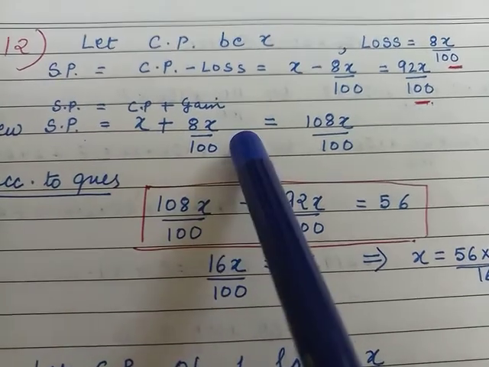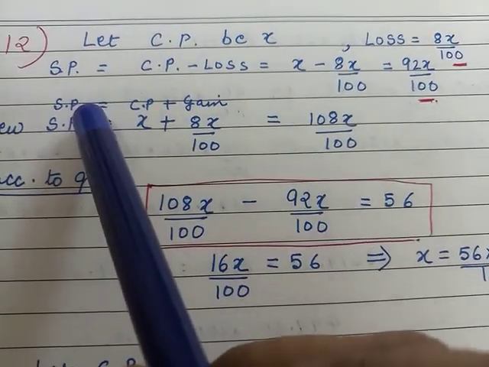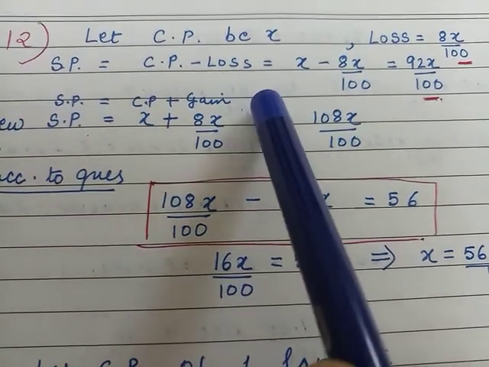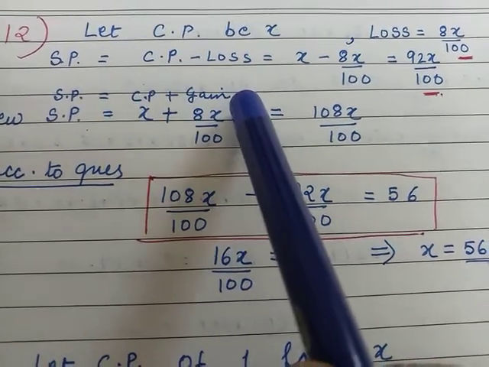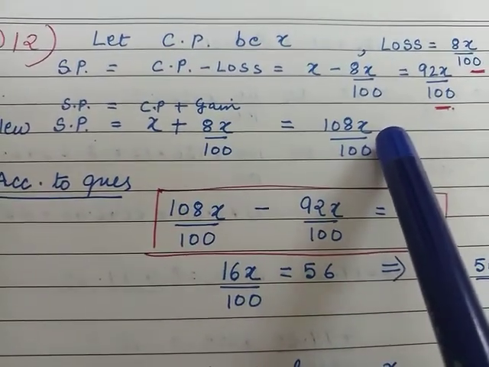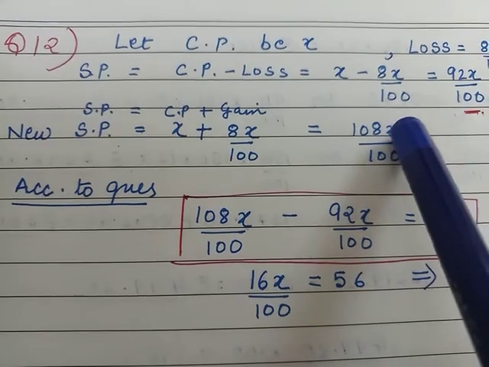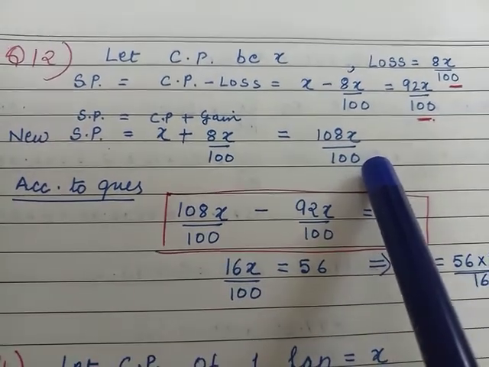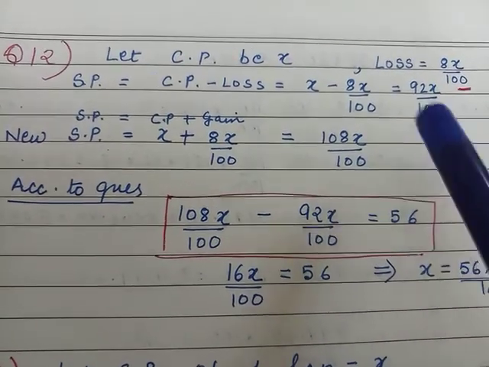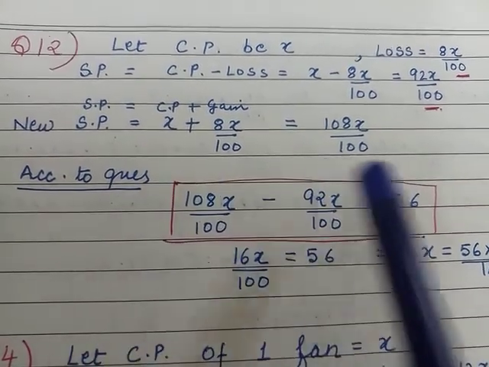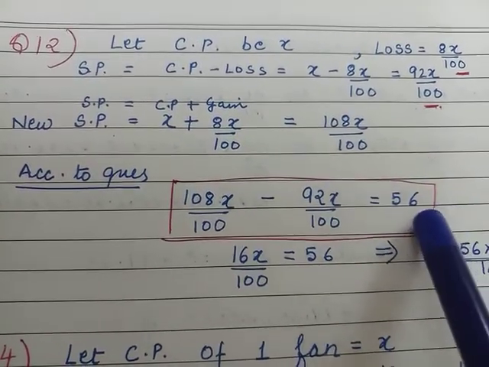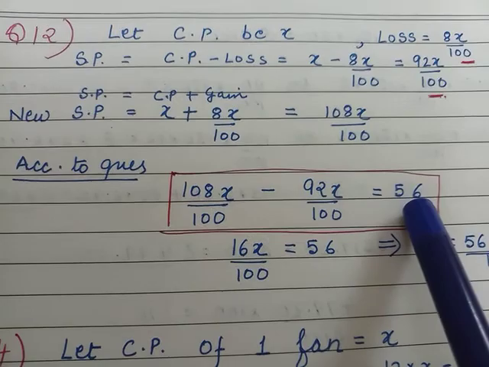If you add both, because the formula of selling price says when it is a case of a gain, it is cost price plus gain. So when you calculate the new selling price, it becomes 108x by 100. Now what is the difference between the two selling prices? It is 56.